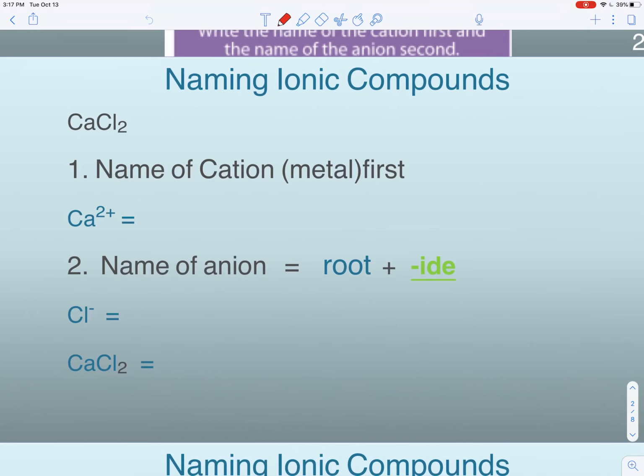So the first step is we want to name the metal first. So go ahead and find Ca on your periodic table. What's the name of Ca? Ca is calcium, so that's the first part.